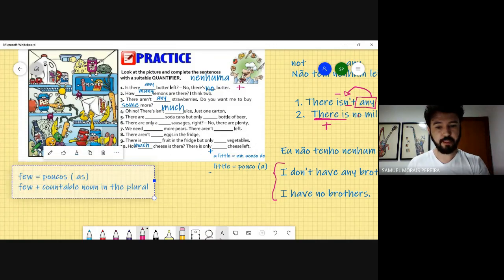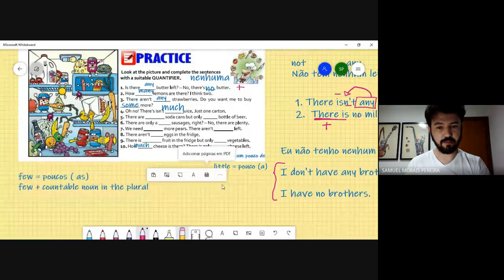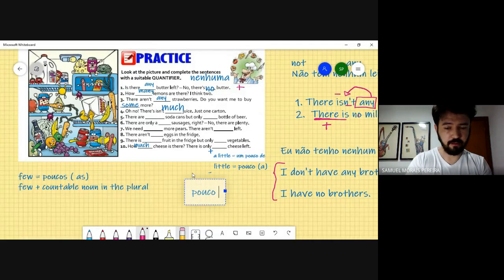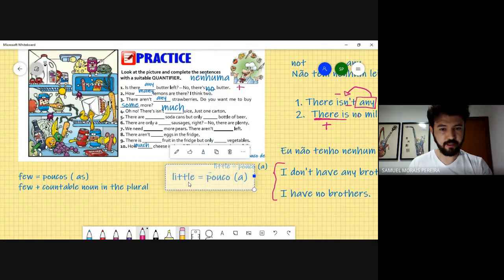Now, pay attention to when we use little. I told you that the translation of little is pouco, okay? So I'm gonna copy it here. Oh, how do I say pouco or pouca? I mean, in the singular. In English, we have to use the word little, okay? So pay attention. There's a big difference here.